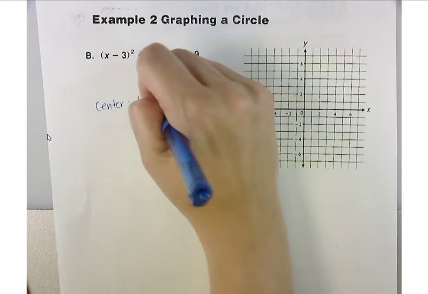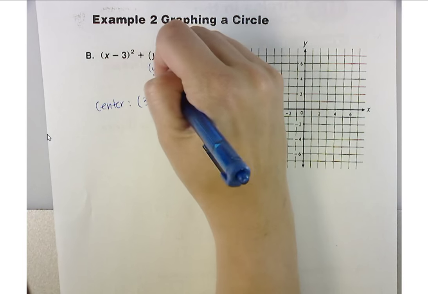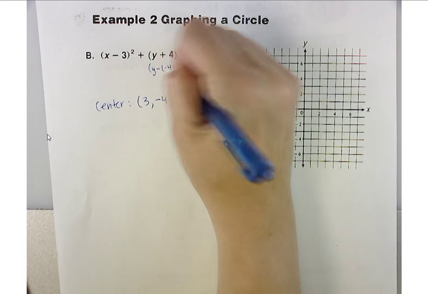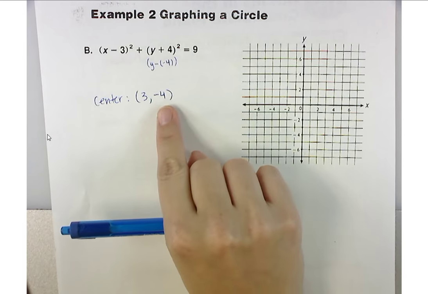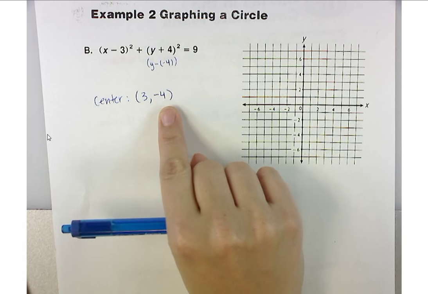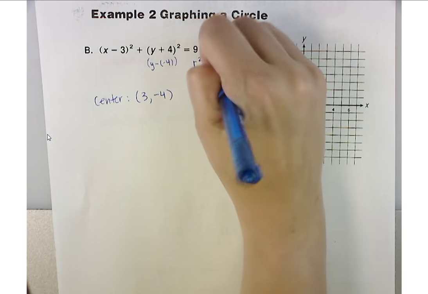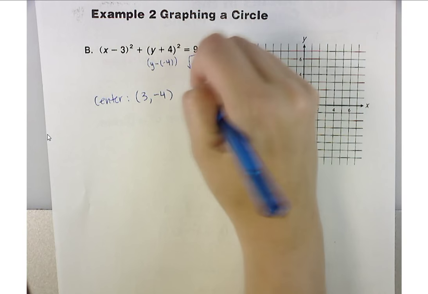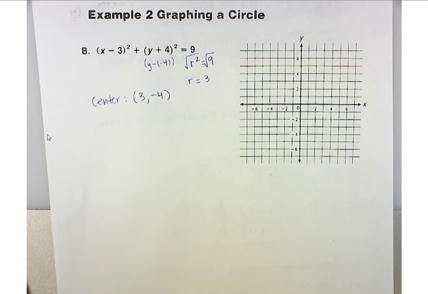Negative 4. Okay, and again, that's because you can think of this as y minus negative 4. Because the form is minus, that's where the negative 4 is coming from. All right, and then what's my radius going to be? 3. Yes. So how would you find that if you know that r squared is 9? Yep, good. And then because we're dealing with a length, we know that it's only going to be positive, so we don't have to worry about the negative.